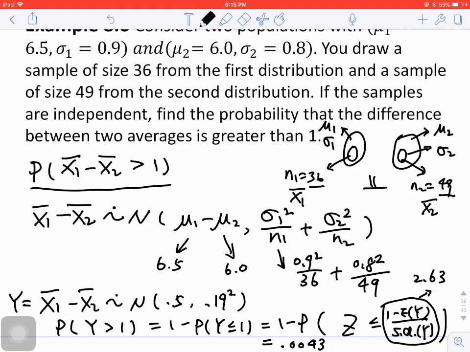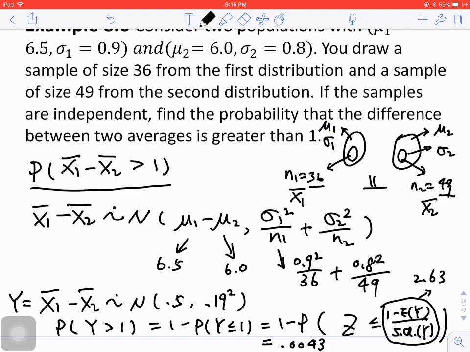That's how we calculate the probability involving two sample means. Every time you are asked to find the probability of something, the first idea that should come to your mind is the distribution: what kind of distribution does your random variable follow?